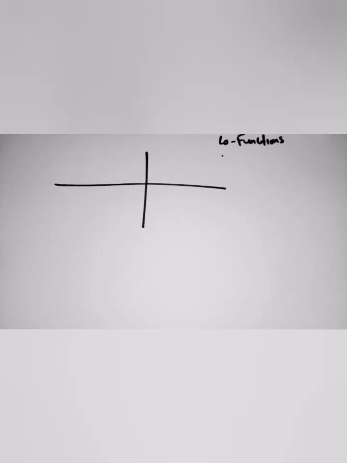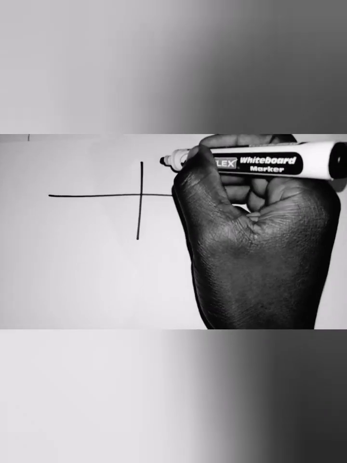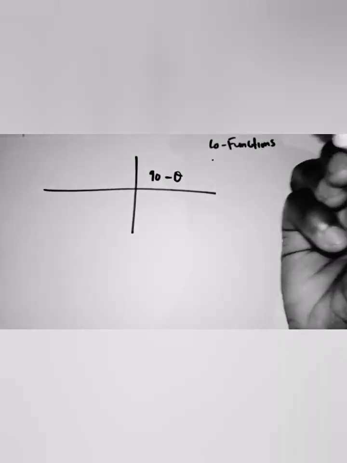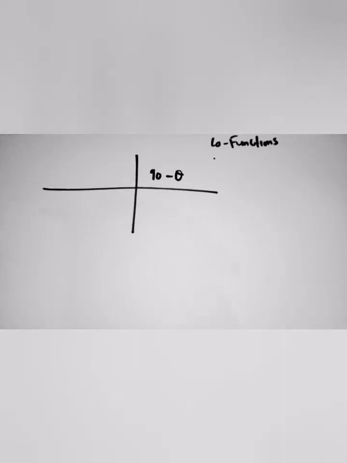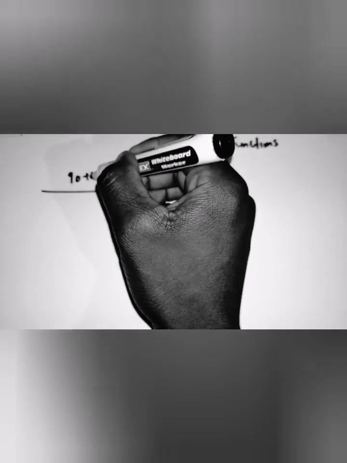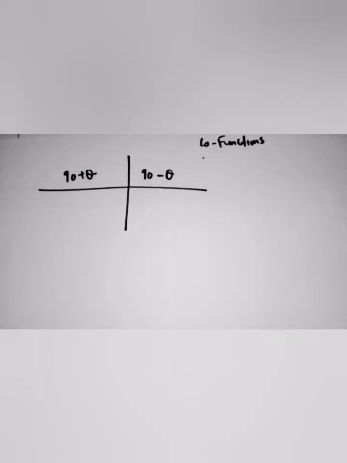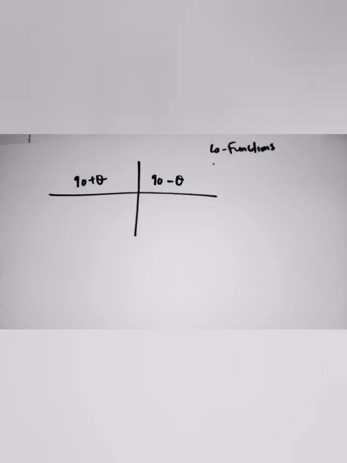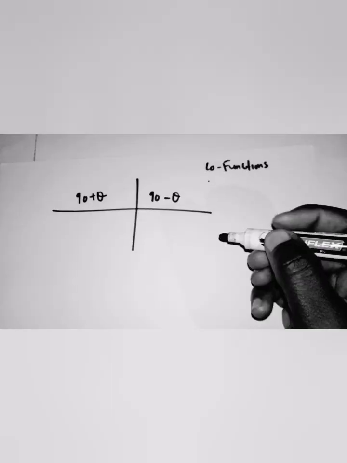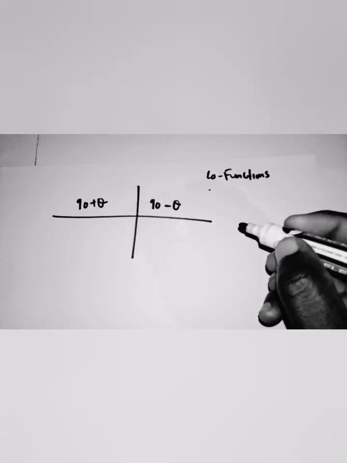Now it's very important for you to know these cofunctions. Here we have the 90 minus, which is the first quadrant, and the 90 plus, which is on the second quadrant. So we only have these two cofunctions there, 90 plus on the second and 90 minus on the first quadrant.